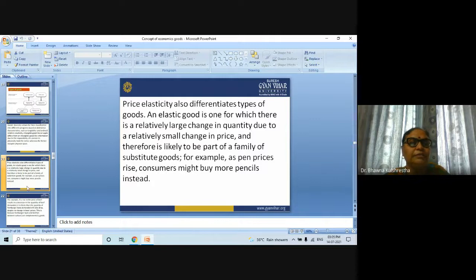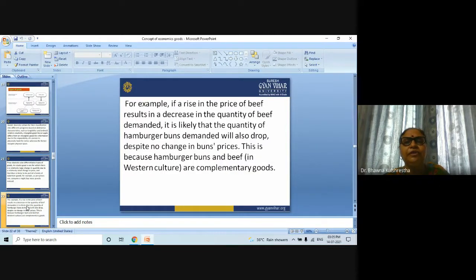For example, if a rise in the price of beef results in a decrease in the quantity of beef demanded, it is likely that the quantity of hamburger buns demanded will also drop despite no change in bun prices.